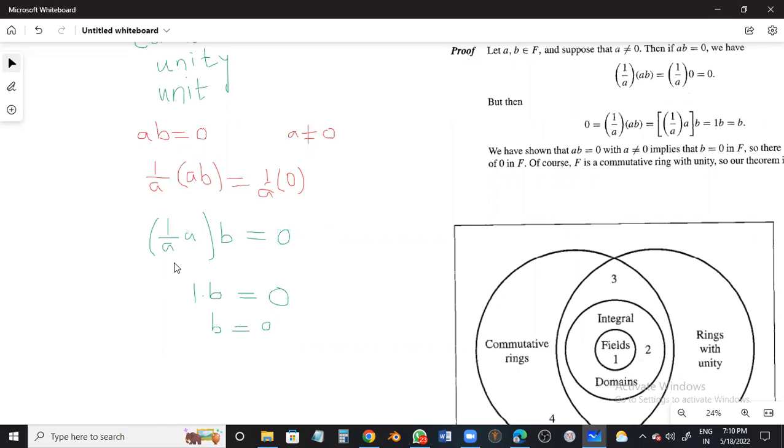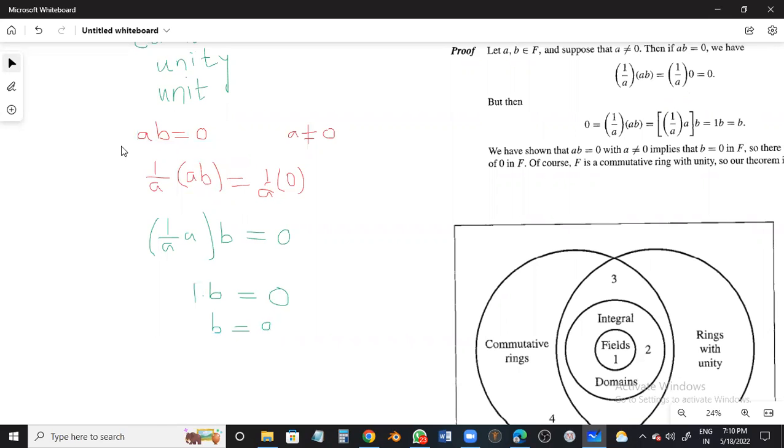And on the left side, we used associativity for multiplication. So we got 1 by A times A. And we know 1 by A and A are inverses of each other, so the product is the multiplicative identity, that is 1. 1 times B will be B. So directly we got B is 0.